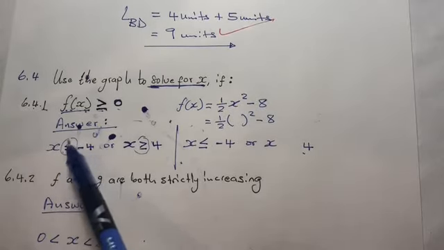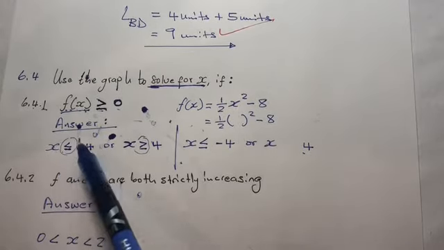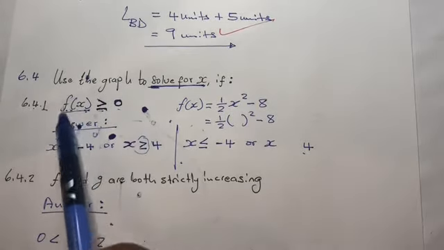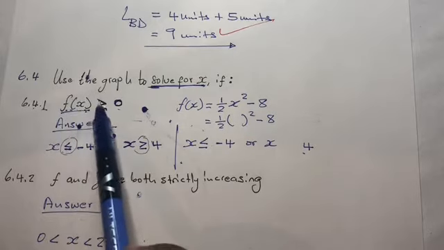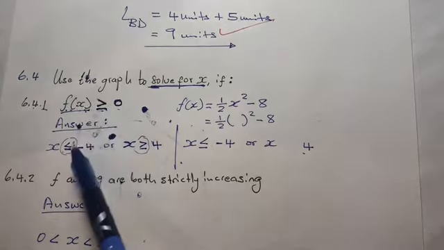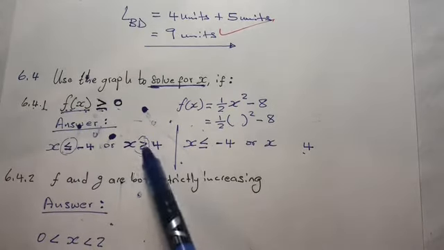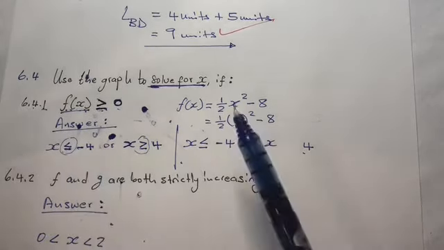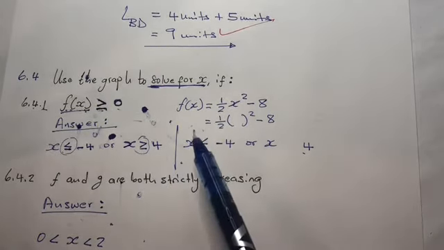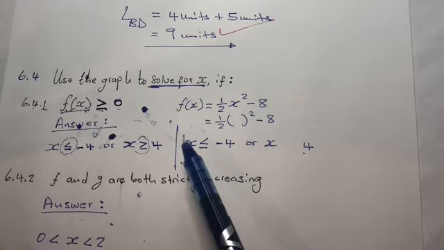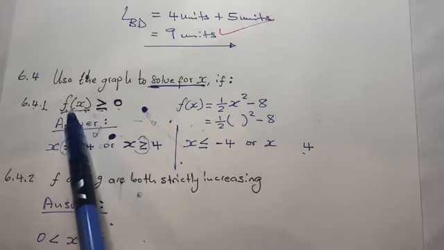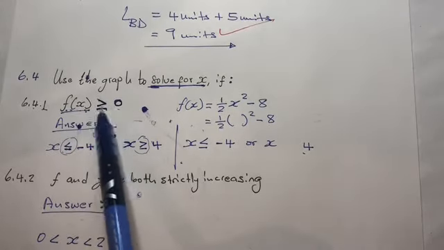With regards to this sign being less or equals to, it's influenced by the question itself, because in the question they are saying where f of x is greater or equals to. Otherwise, if it was just greater, even on these answers, we're just going to use the sign less than, and on this one we're just going to use greater than, meaning the question would be asking for the values of x where the graph of f is just greater than 0.